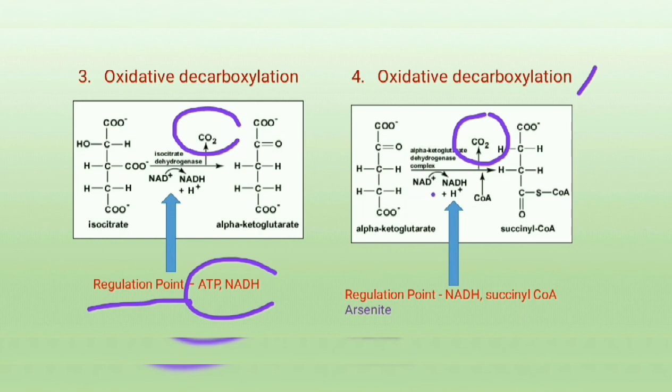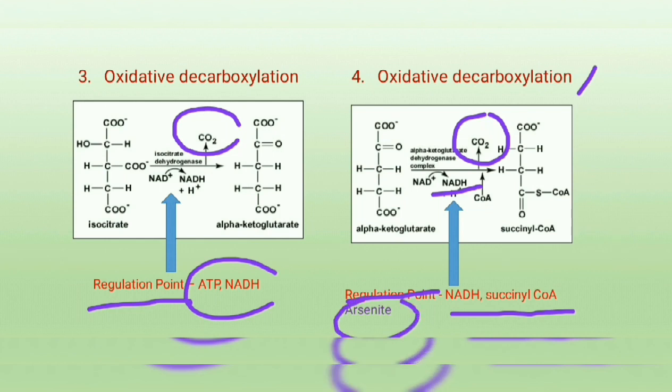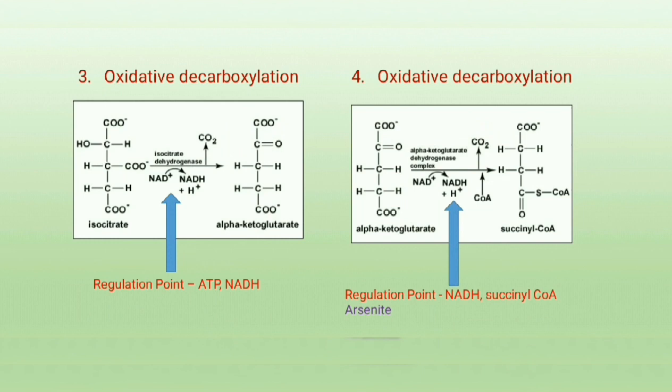Here we have the production of energy in the form of NADH. Next to the isocitrate dehydrogenase, the alpha ketoglutarate dehydrogenase is also a regulating point which can be regulated by the concentration of NADH and succinyl CoA. It can also be inhibited by an inhibitor, that is arsenite.